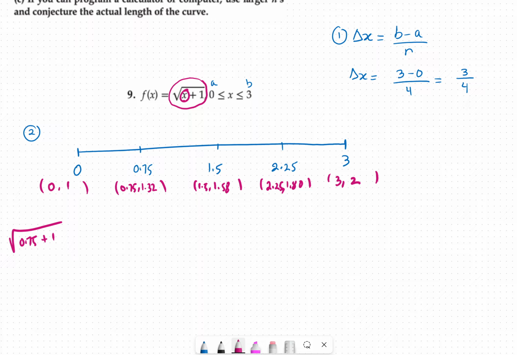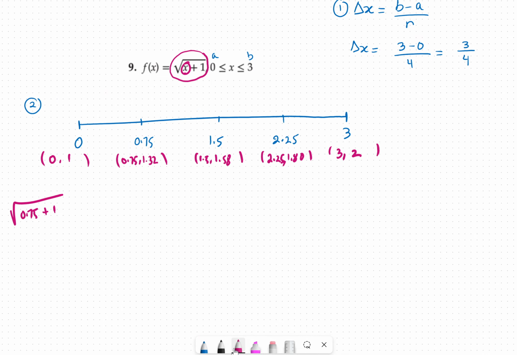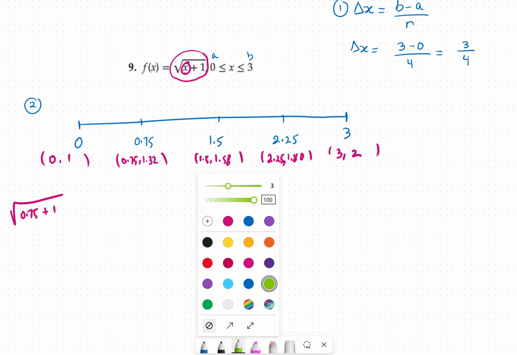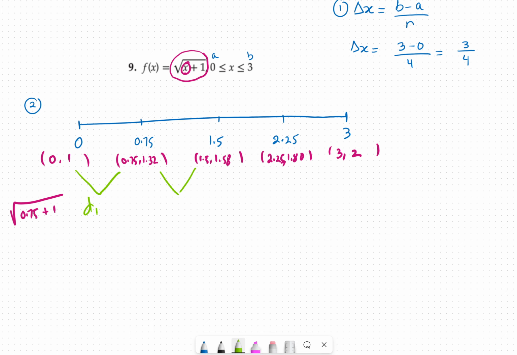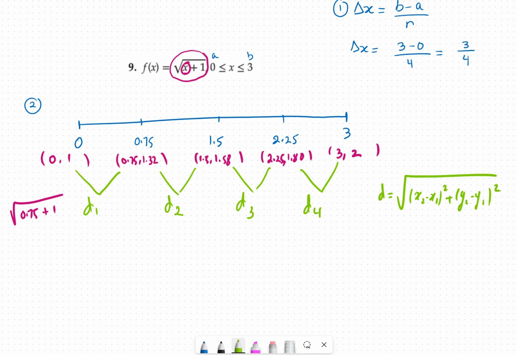Now all you have to do is find the distance between each 2 points. So between this and this, we will find distance 1. Between these, distance 2. Here distance 3. Here distance 4. Again, I need to remember that the formula for the distance is square root of x2 minus x1 squared plus y2 minus y1 squared.